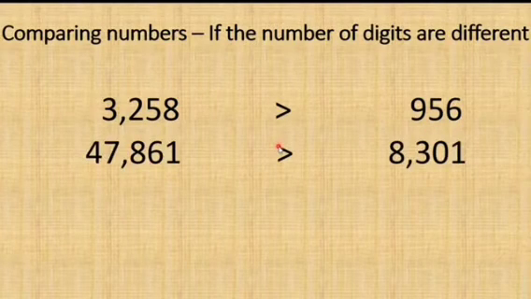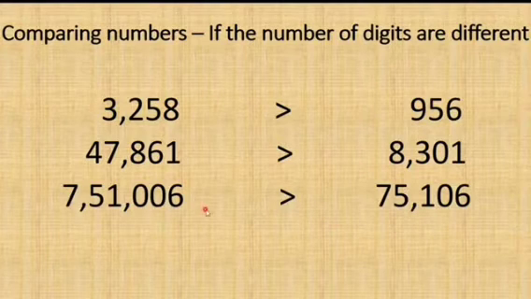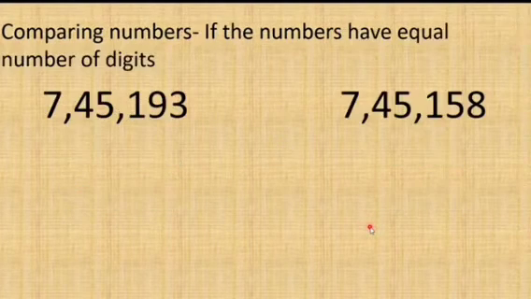Again the same way, this has 5 digits in it and this has 4. So this is greater than the other number. Again the same way, 7,51,006 is greater than 75,106 because this has 6 digits and this has 5 digits in it. Now you understood? If their number of digits are different, it is easy to find out because you just pick the number which has the greater number of digits.